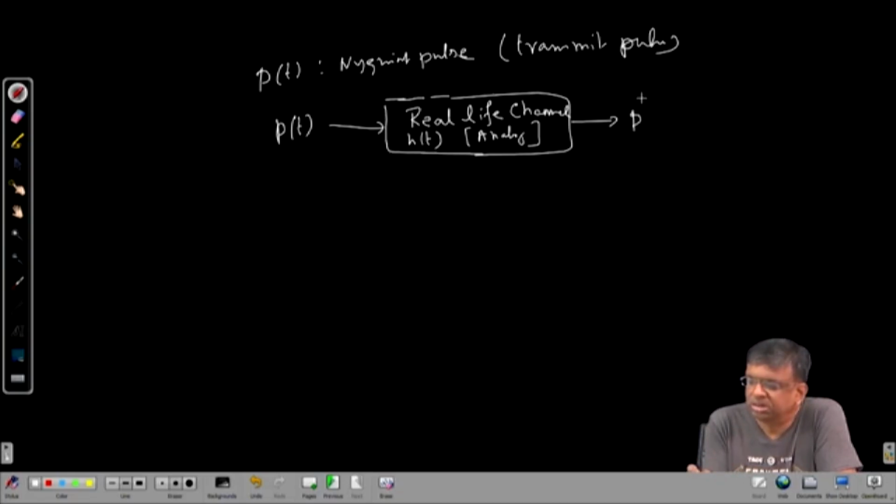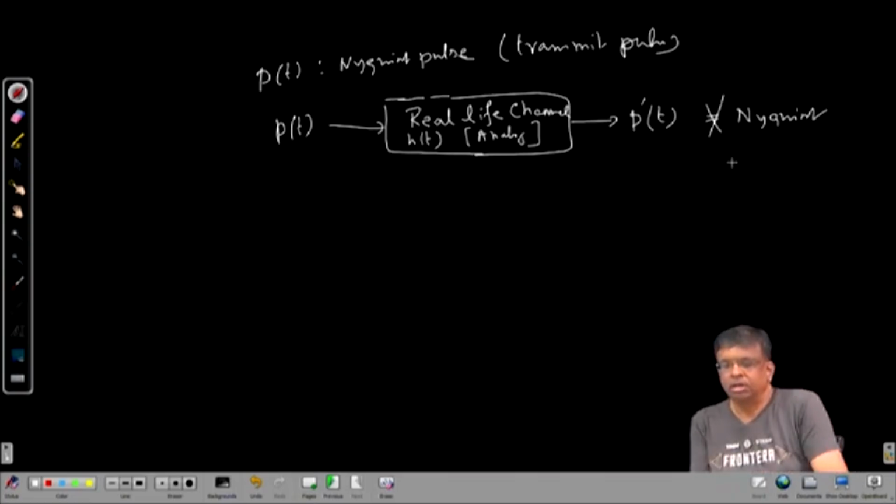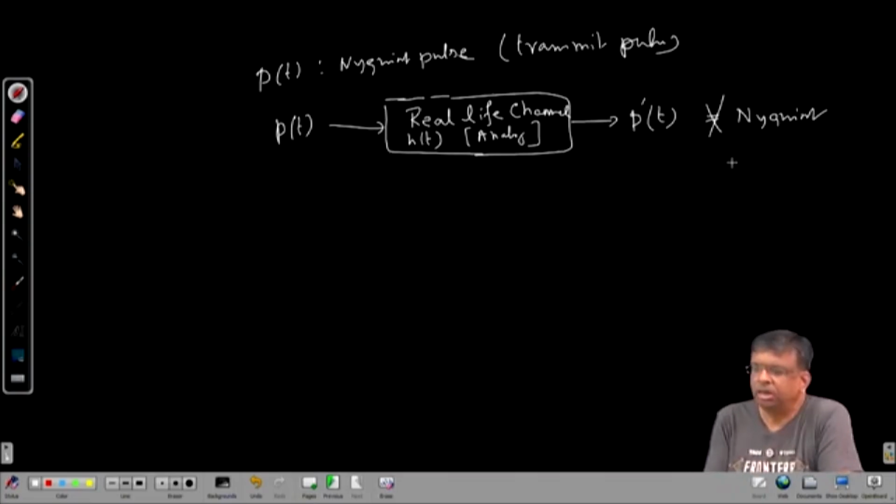After convolution, it will be distorted, it might become p prime t, and it will not be Nyquist because it is distorted. So, the zero forcing criteria will not be satisfied in general, though it might be close to this, because the channel may not be that bad, but therefore, your inter-symbol interference will come back.